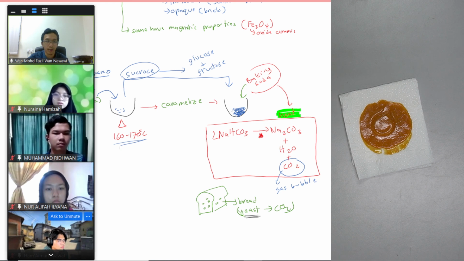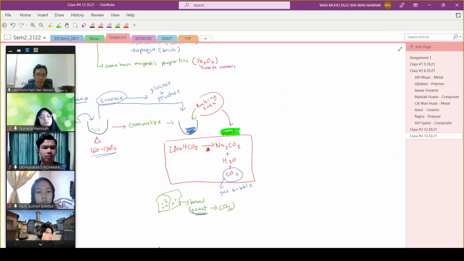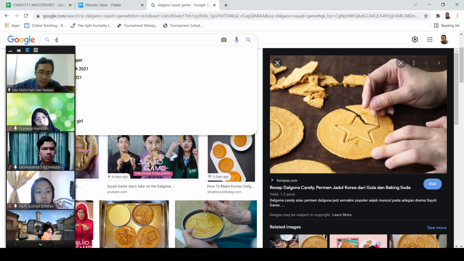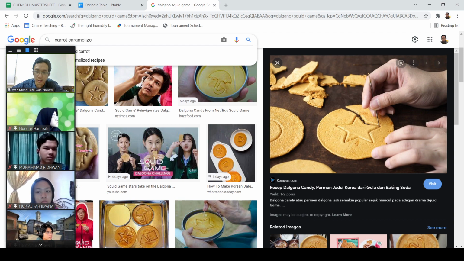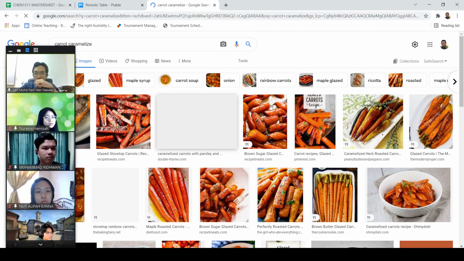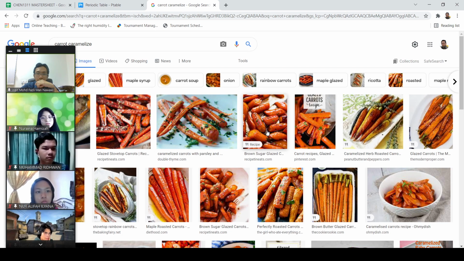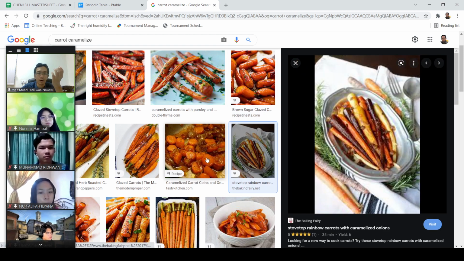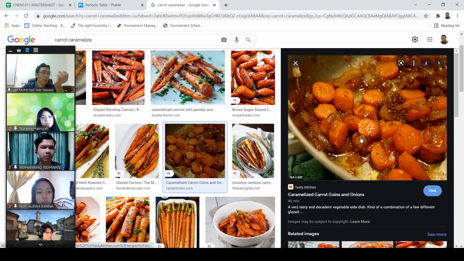So for example, let's say I put carrot caramelize here. You can see it's the same thing, with the brownish color. It takes much less heat compared to when you want to caramelize table sugar.